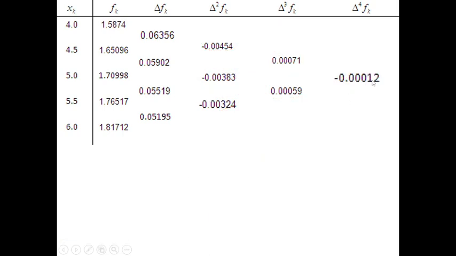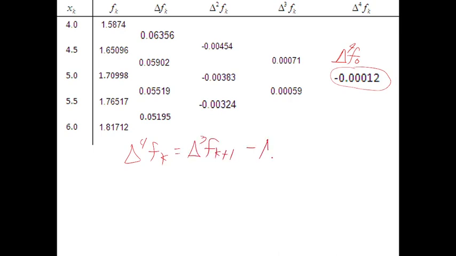And then ito, okay, ito ay delta to the fourth f sub 0. So ano yung delta to the fourth f sub k? That is delta cube f sub k plus 1 minus delta cube f sub k.